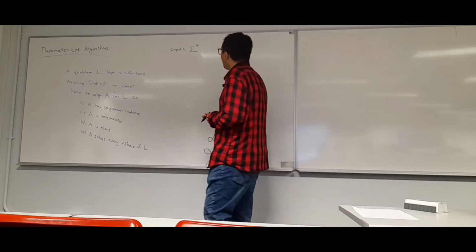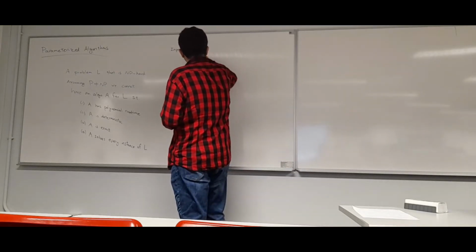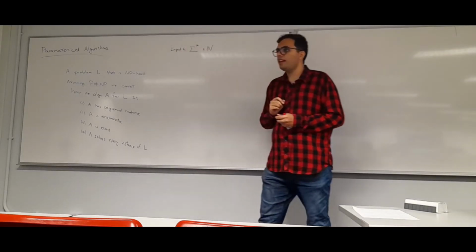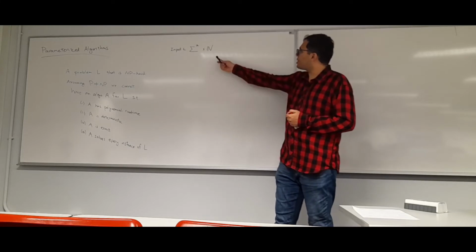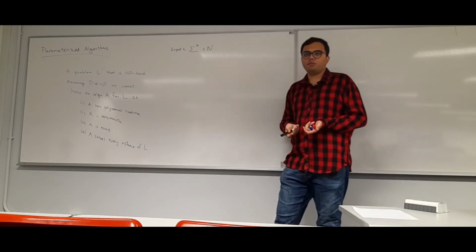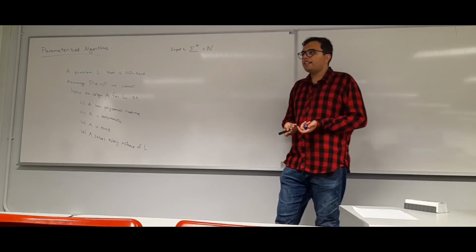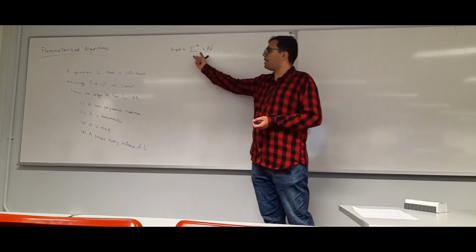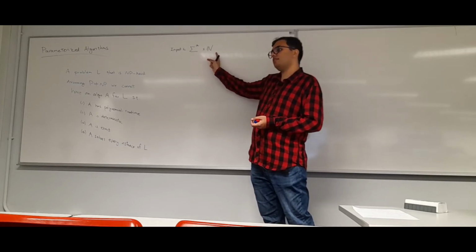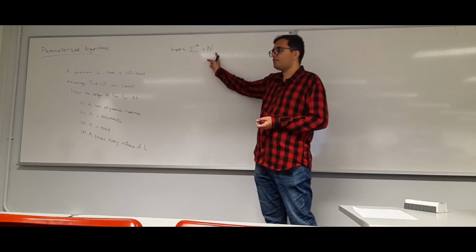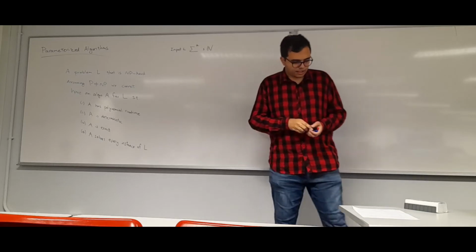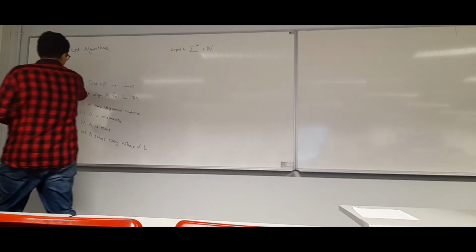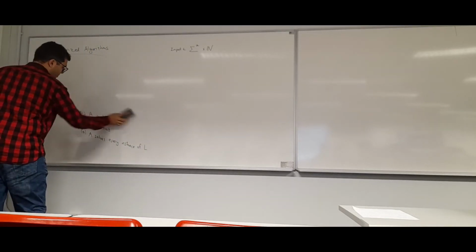But now I want to say that my input has a string and it also has some integer. And the idea is that this integer gives me some extra information about my input. And then I don't want to analyze the runtime of my algorithm only based on the length of the input, but also based on this extra integer that I have. Now, this will become very natural very soon. So let me start with an example now.